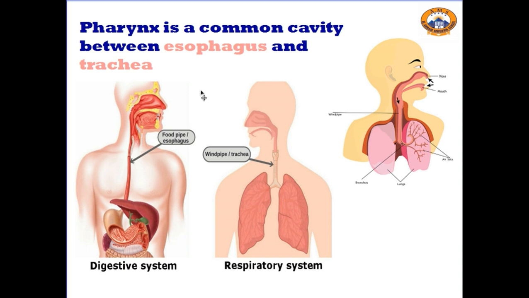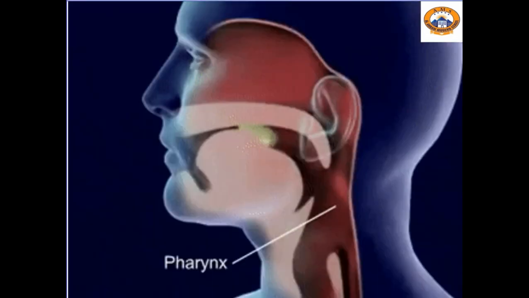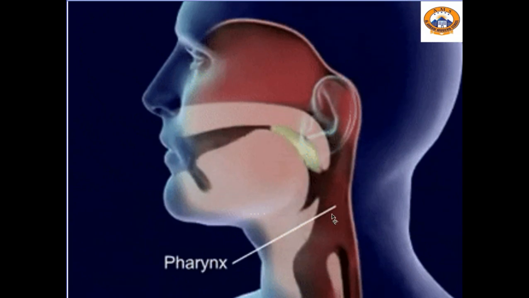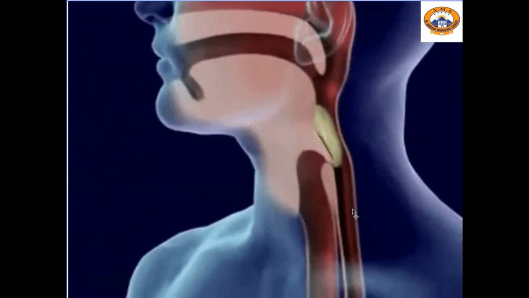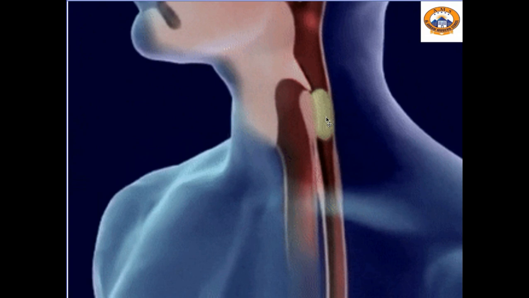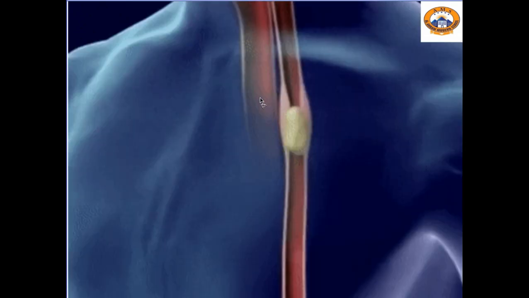If you are eating food, the food will pass through the esophagus. And if you are breathing air, the air will pass through the trachea after they pass through the pharynx. Okay, so look at this picture. The pharynx here is a cavity that leads to two tubes. The esophagus, here, can you see the food passing down the esophagus? And next to it, the trachea.